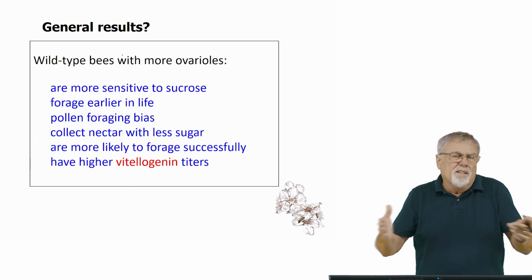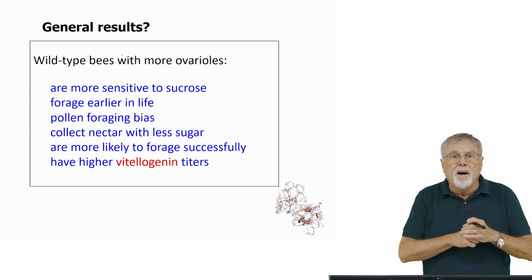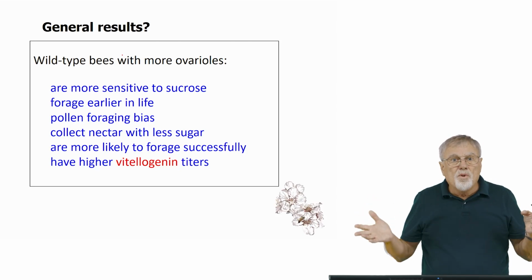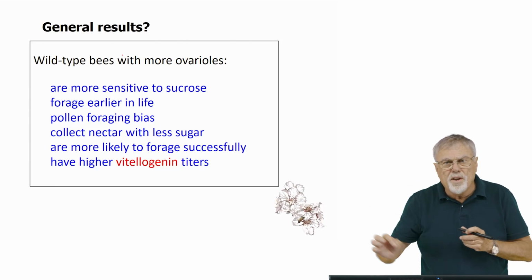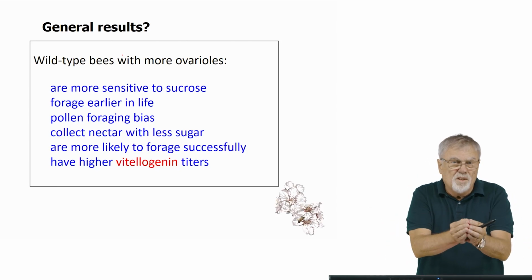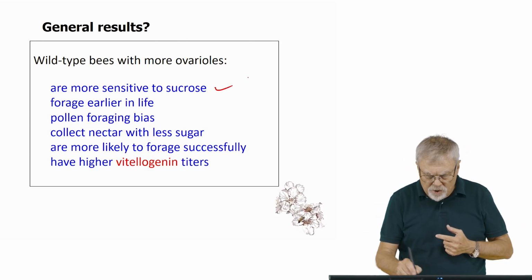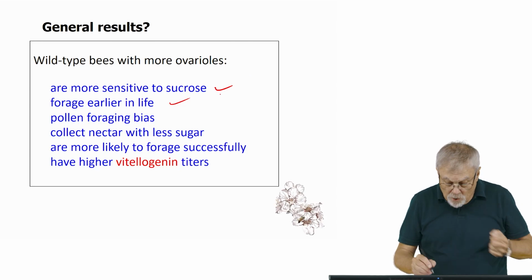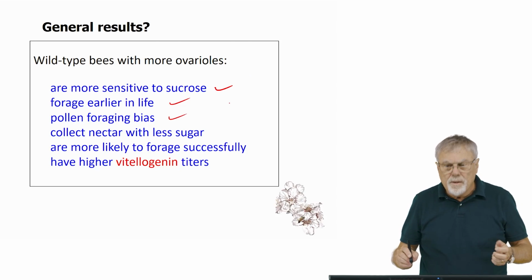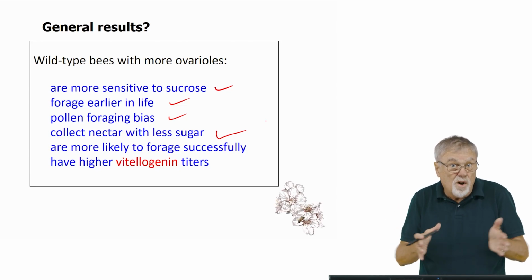So then we tested that with wild type bees. If you look at wild type bees and we look at their ovaries, what we find is that bees that have more ovarioles, in other words, you test them and you dissect them, if they have more ovarioles, they're more sensitive to sugar. They forage earlier in life. They show a pollen foraging bias. They collect nectar with less sugar. They'll accept the lower quality sugar.